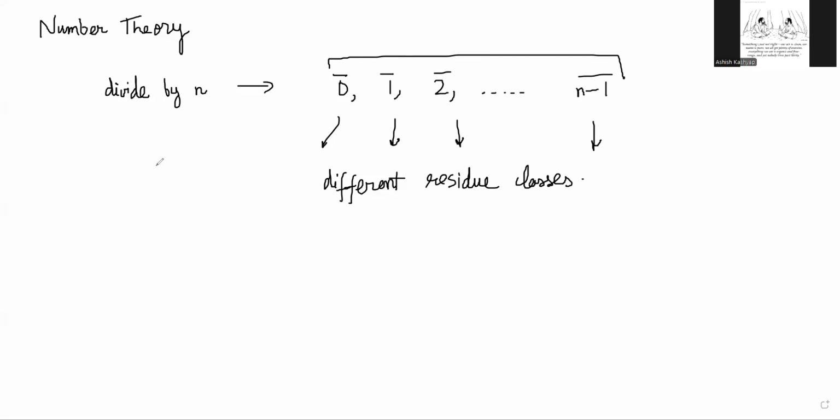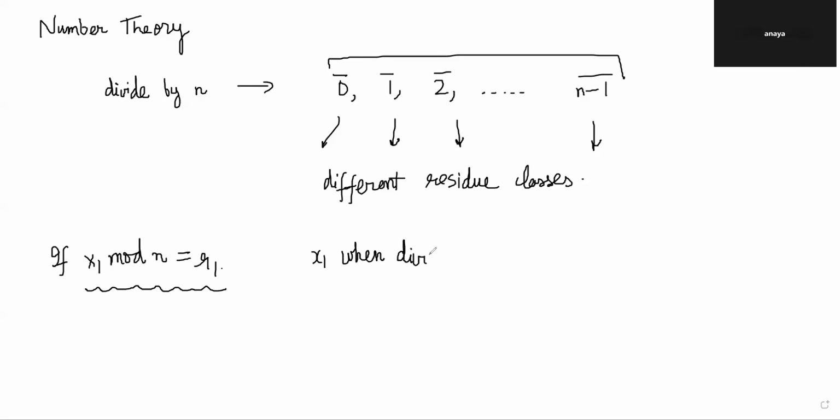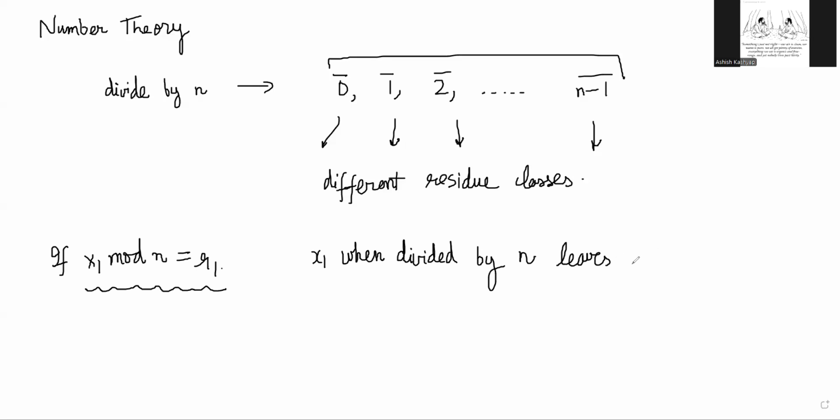Now, what we will do is learn some basic modulo arithmetic. Modulo arithmetic means, for example, if x1 mod n is equal to r1, what we mean by that is x1 when divided by n leaves remainder r1.